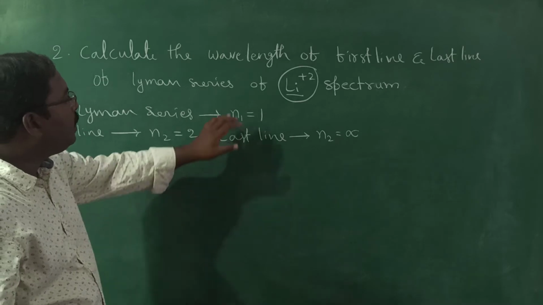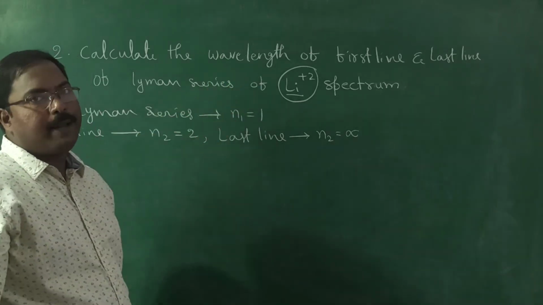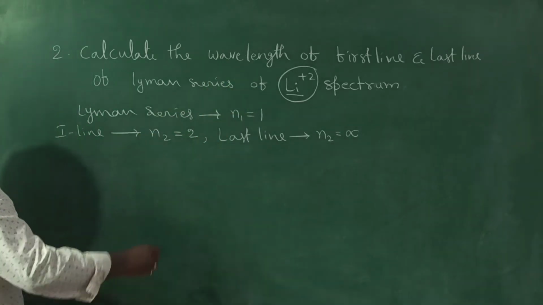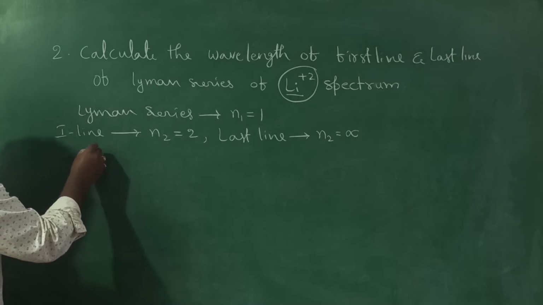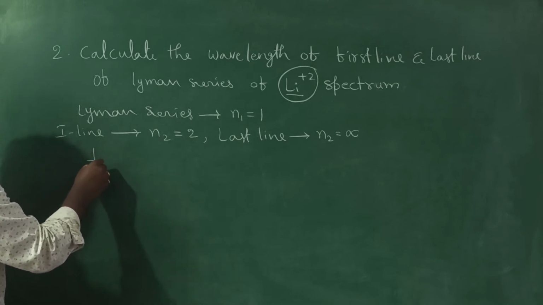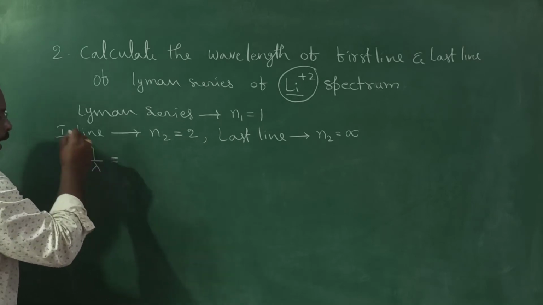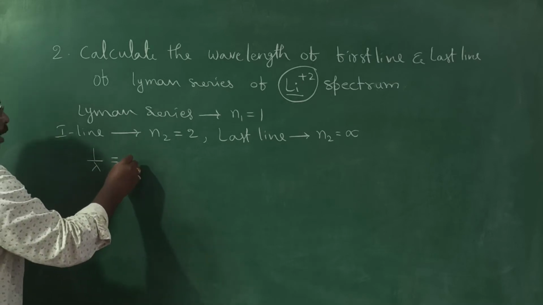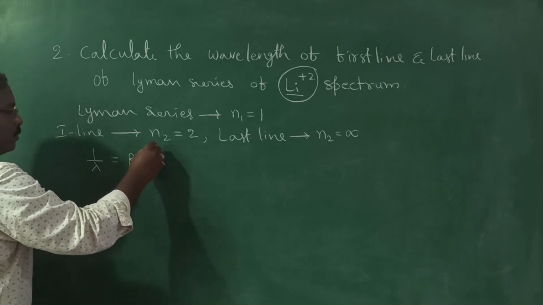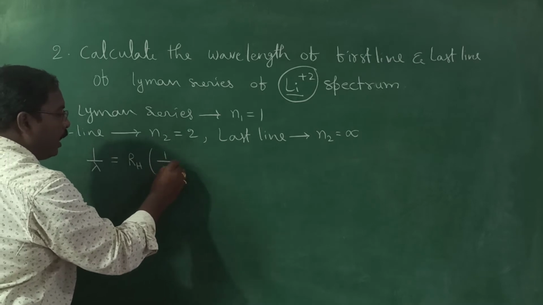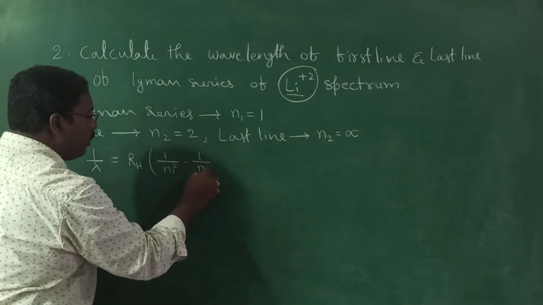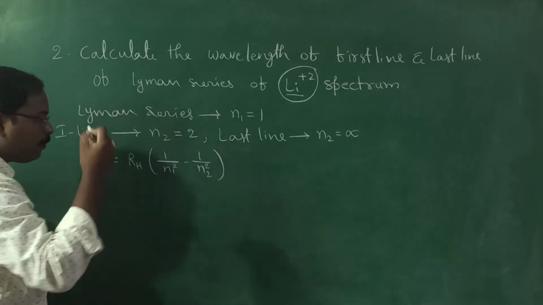Now what are they asking? They are asking to calculate the wavelength. Now what is the formula according to Rydberg? 1 by lambda is equal to RH into 1 by N1 square minus 1 by N2 square.